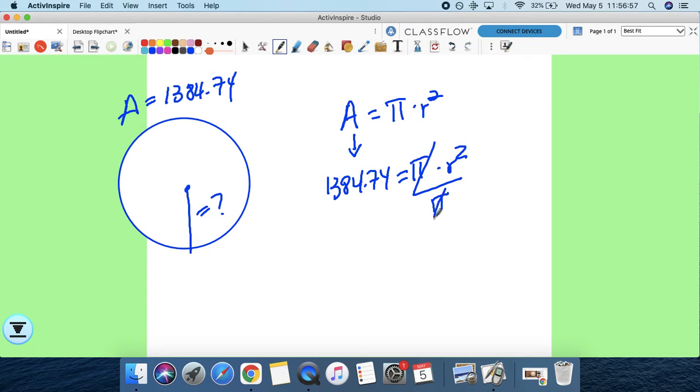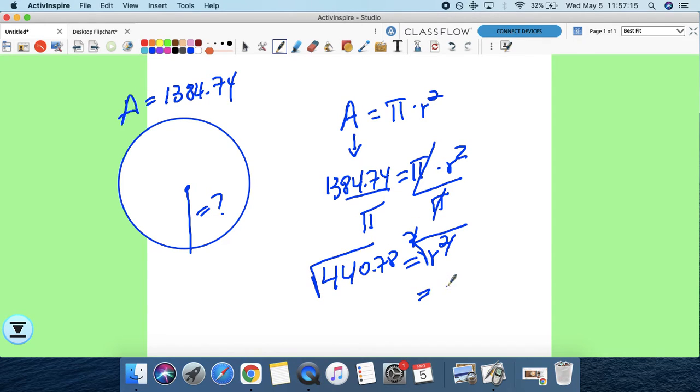Divide by pi. 1384.74 divided by pi. So r squared equals 440.78. Square root. Right, this becomes r, and the square root of 440.78 equals 20.99.